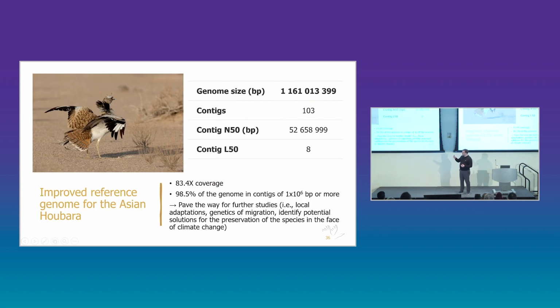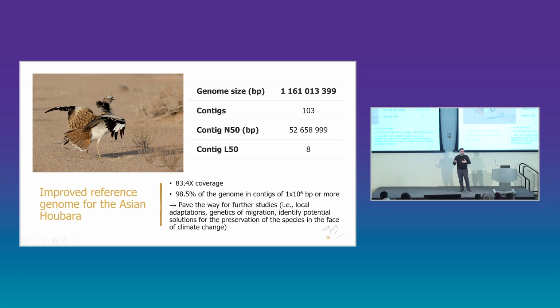And so in order to work on this aspect and go deeper in terms of the migration of the species, we're now working on an improved genome of the species, where we moved from 900 contigs to 100, and the L50 from 16 to now 8, with even more contiguity. That will be good because that will help us to look at local adaptation and genetics of migration.